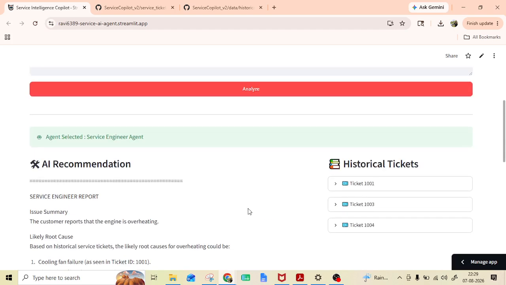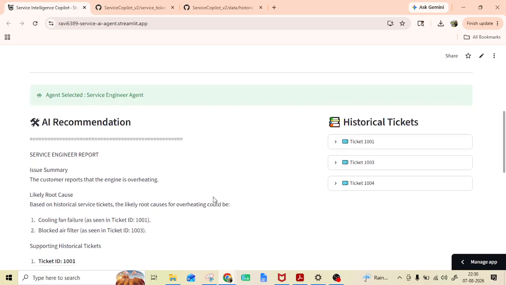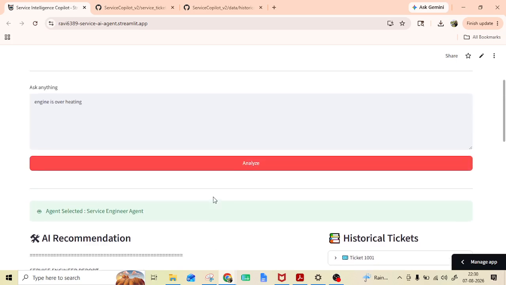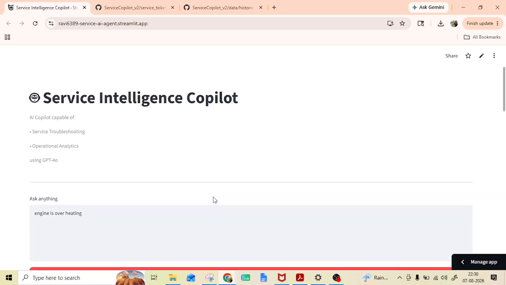This essentially helps the service engineer get to the solution of the problem quickly. If that had not been there, he would have to go to the logs of past data and try to find out what the similar tickets were and how they were resolved. So this is one part of it: using the past data, can we try to fix the new ones?